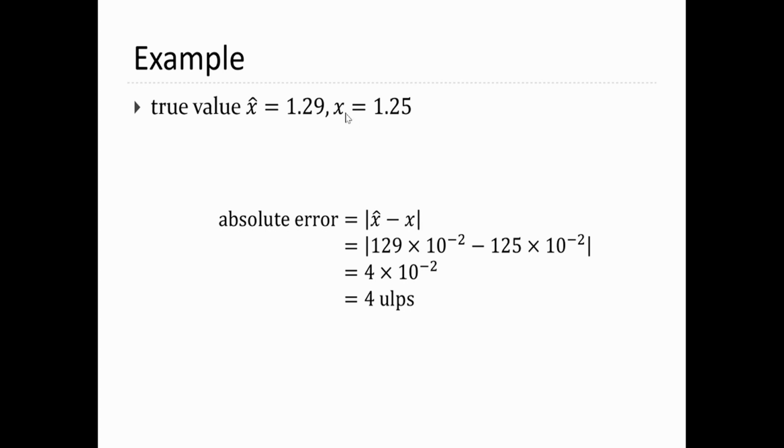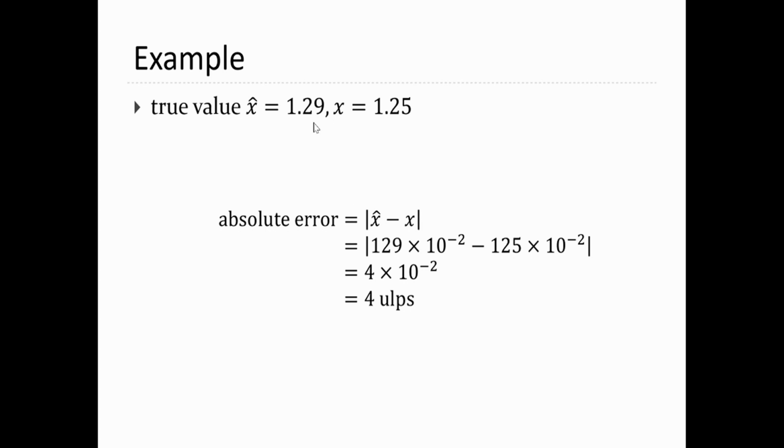Now I need to write down x also using this representation, making sure I keep that exponent the same. In other words, I need to write down x using an exponent of 10 to the minus 2. So in this example, it turns out to be 125 times 10 to the minus 2. Now just subtract the 2 values, you get 4 times 10 to the minus 2. And ULP in this case is 10 to the minus 2. So the error is 4 ULPs.